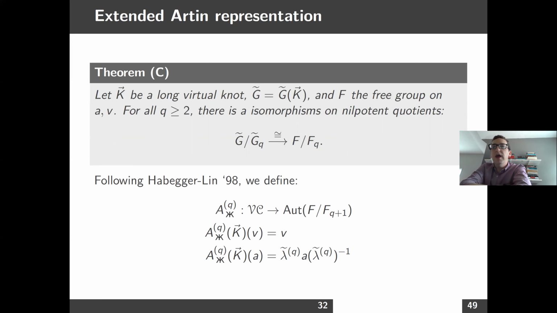We're going to construct a map going from the long virtual knot concordance group to the automorphism group on the free group on two letters modulo its lower central series. And so for each long knot K, that map is defined as follows. You send the auxiliary variable to itself, and then the map acts on A by conjugating with the extended longitude.